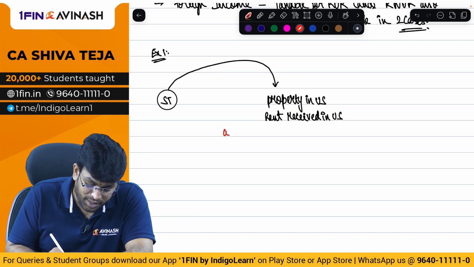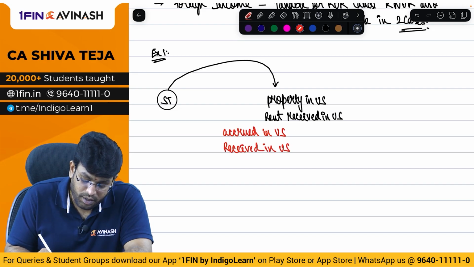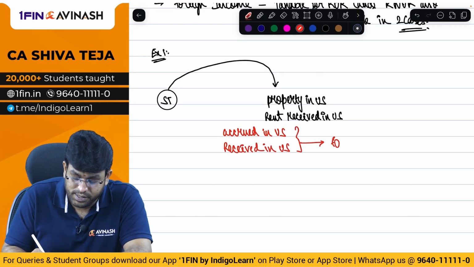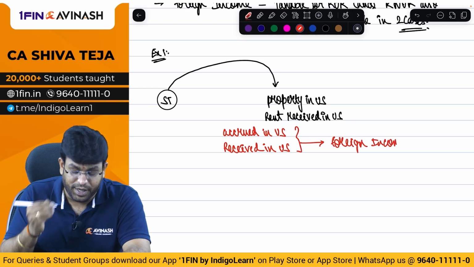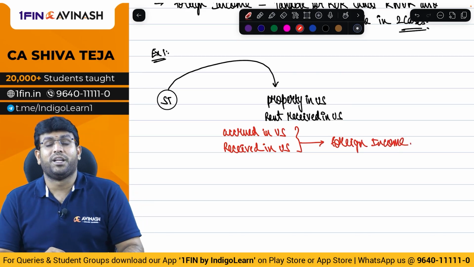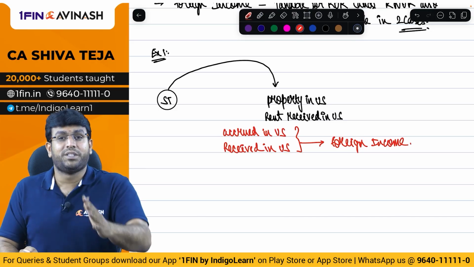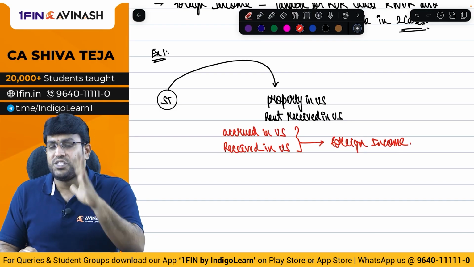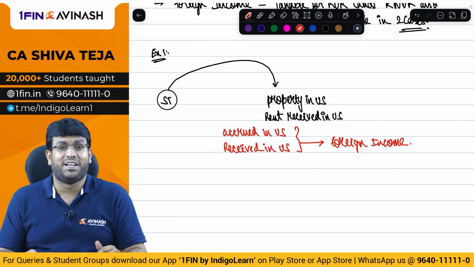So that means what is happening here? Accrued in US, received also in US. When accrual and receipt both are in US, we will treat it as what income, my dear friends? Foreign income. If it is foreign income, is it taxable? Directly don't tell taxable, not taxable. Directly don't jump to that conclusion, because we have to decide based on residential status.